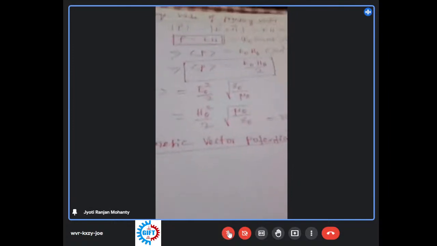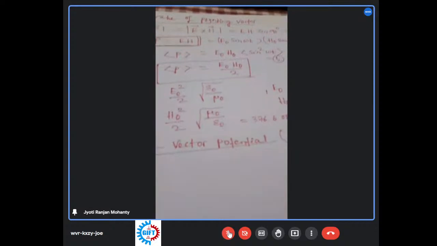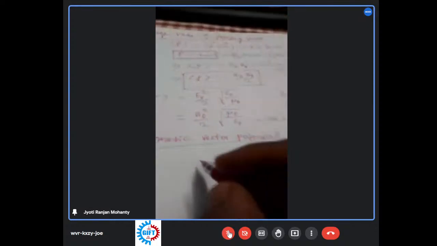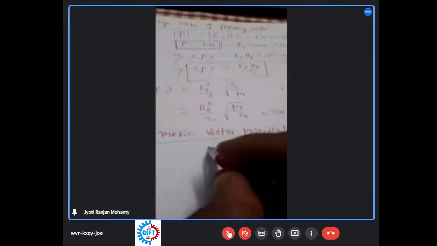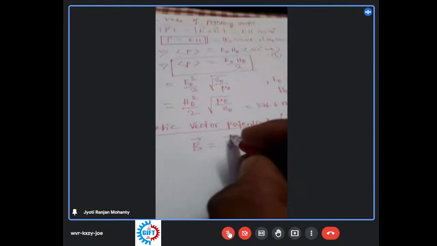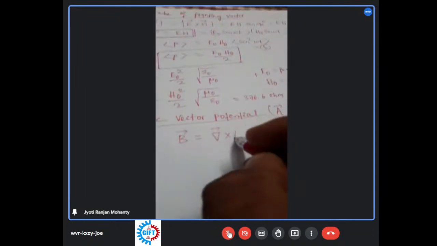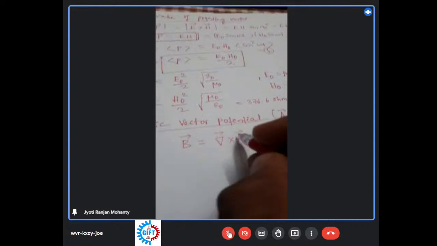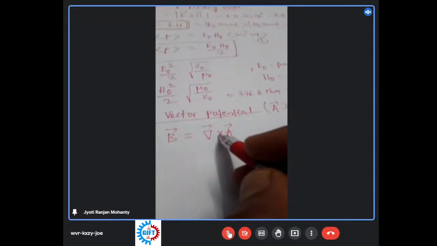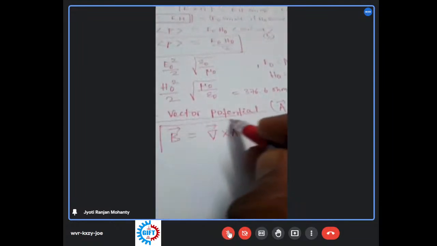It is a vector field whose curl, meaning del vector cross A vector, gives the magnetic field.